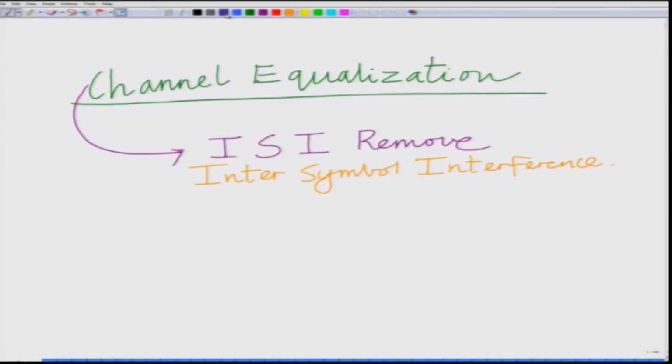So today let us look at a simple example for channel equalization.